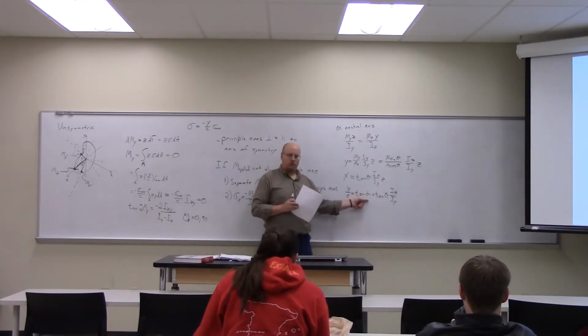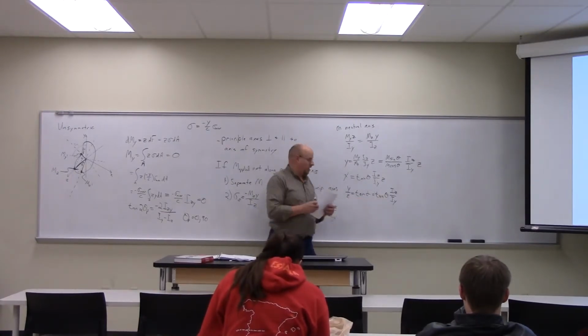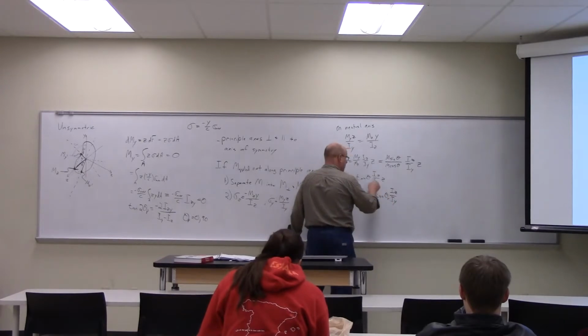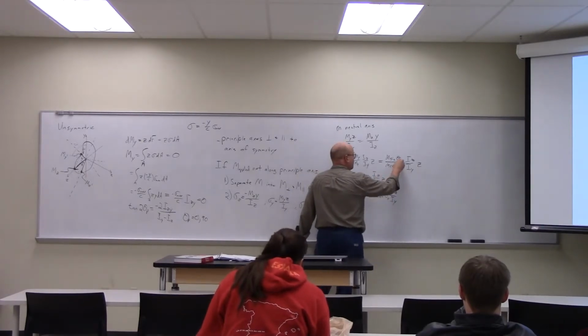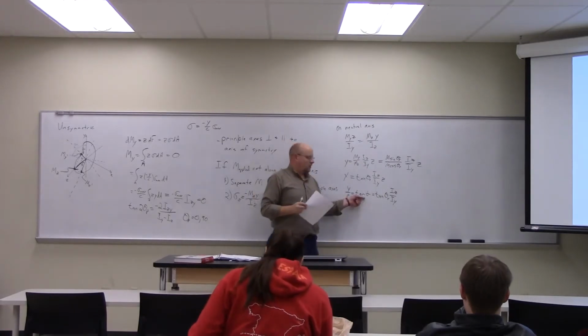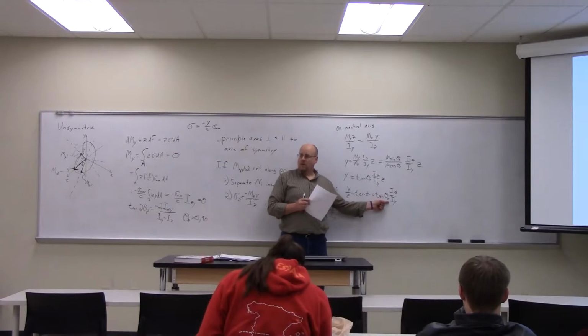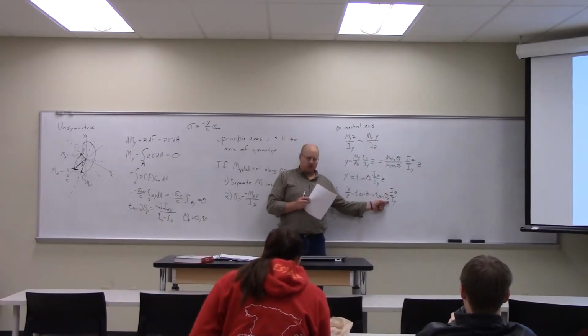So I can find the neutral axis if I know the theta p. I'm not going to put the subscripts on there. The angle to the principal axis. So tangent alpha, the neutral axis, is related to the position of the principal axis.